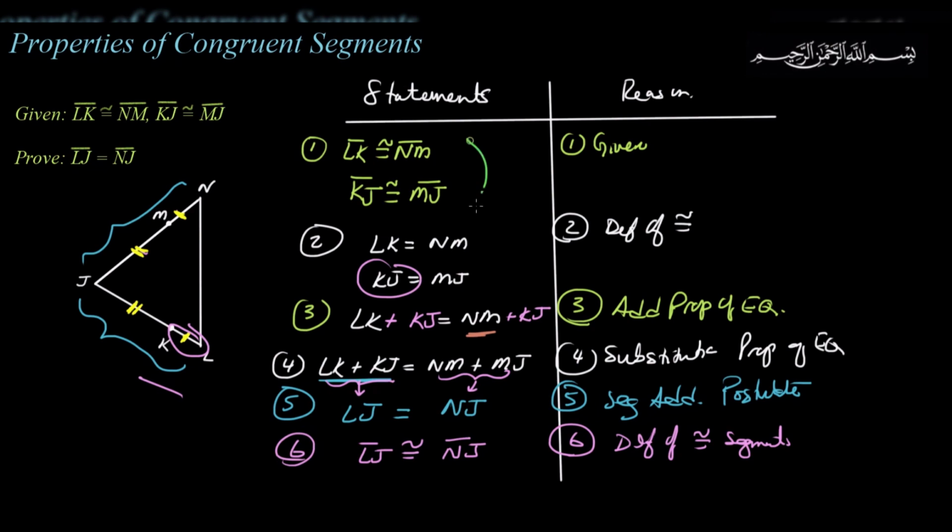We converted the congruences to equalities, because then you can use the properties of equalities. Then I cunningly added the same segment to both sides using the addition property of equality. Then I used the substitution property from KJ to MJ over here. Then I used two baby segments equals one big segment, because of the segment addition postulate, and then converted the equality into congruence.